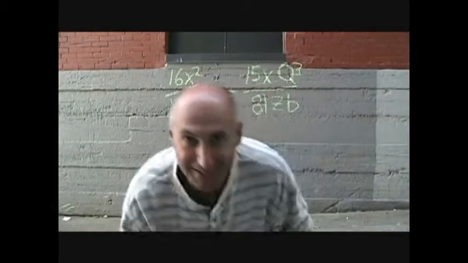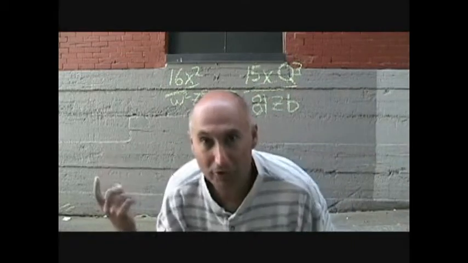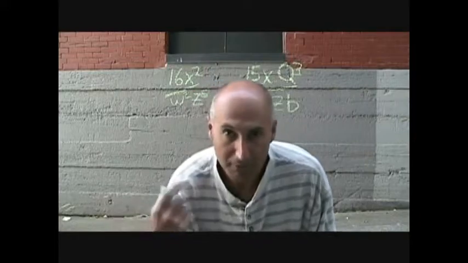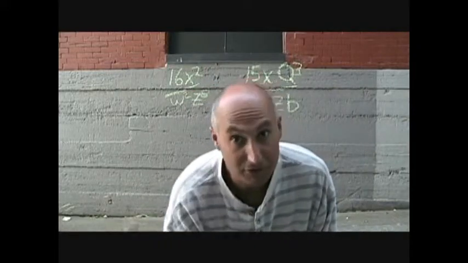So all this is, the way you do this is the square root of the first one minus the square root of the second one times the square root of the first one plus the square root of the second one, right? So let's just do this.